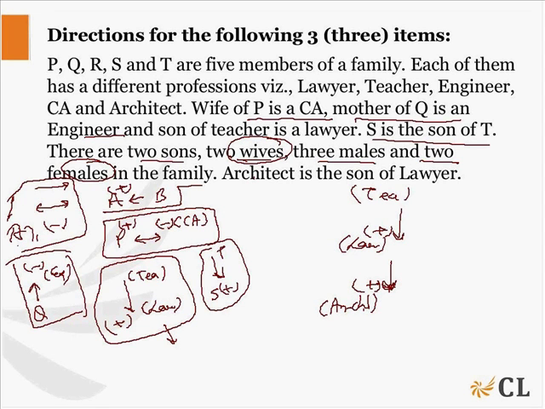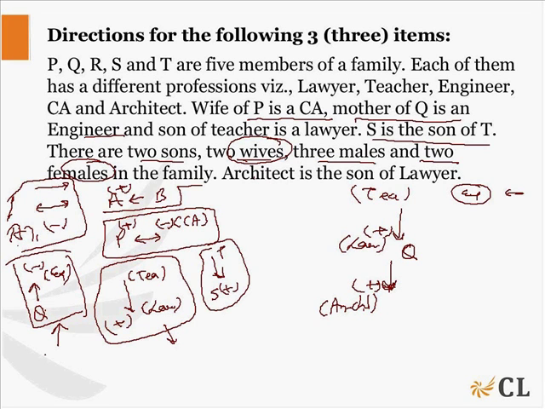Okay. Now, see this. If I put Q here, so here is an engineer because mother of Q is an engineer. Okay. Anyhow, so if I put Q here, mother of Q is engineer, so engineer will come in this row, right?